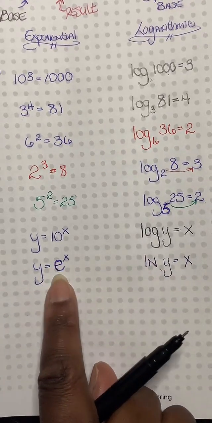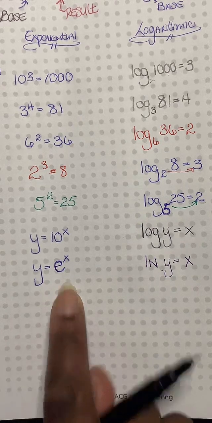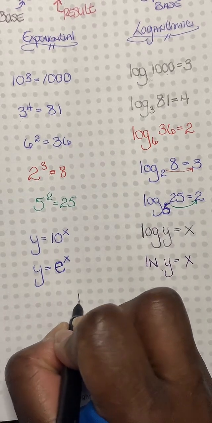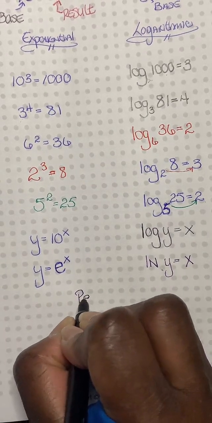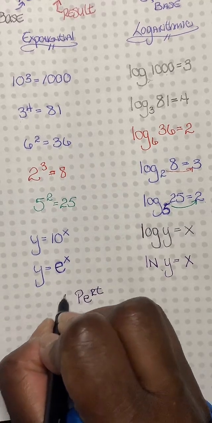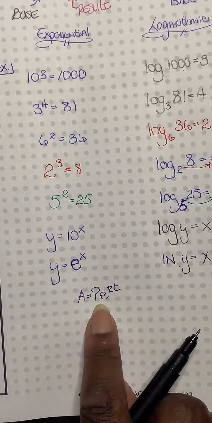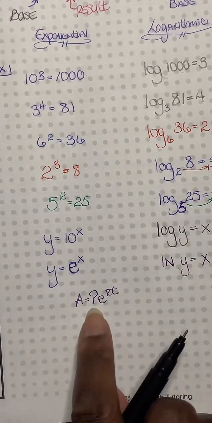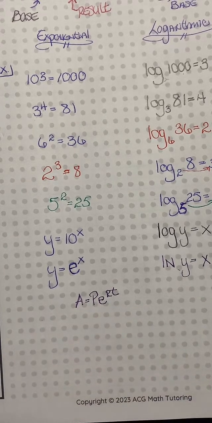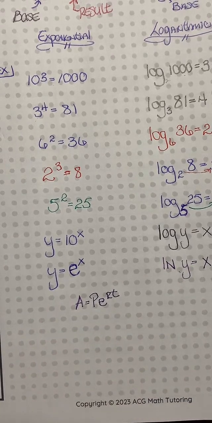Anytime you're dealing with an e, you've probably seen this with compound interest that is growing continuously. Maybe you've seen this formula before. If not, it's coming. All right. So if something is going to be compounded continuously, they always use the exponential.